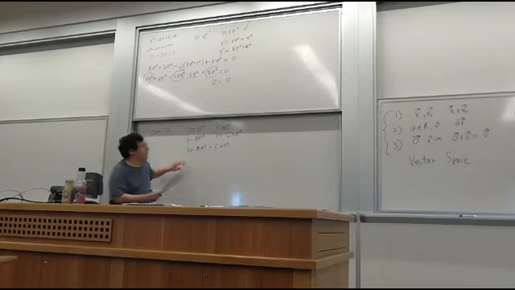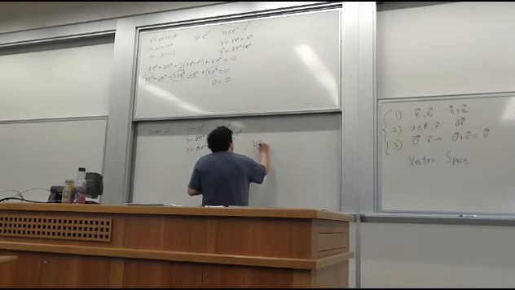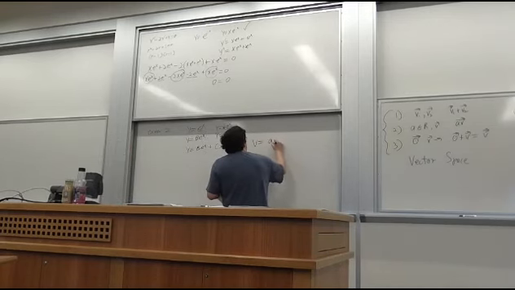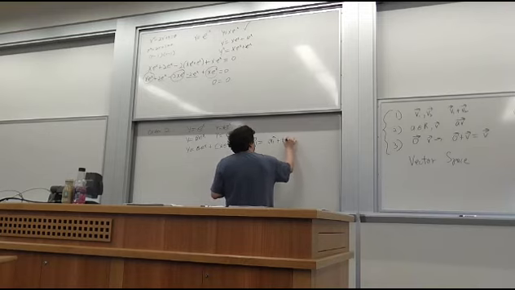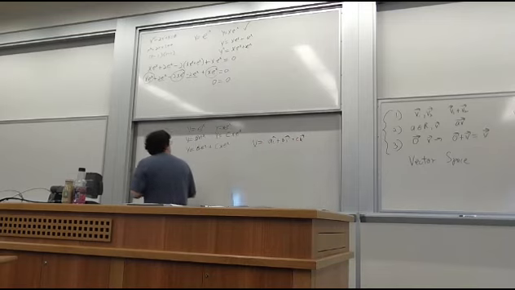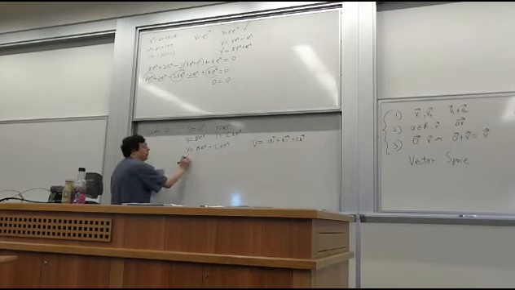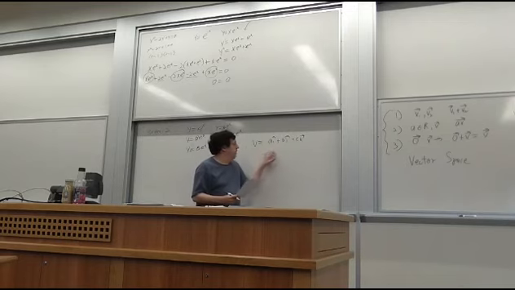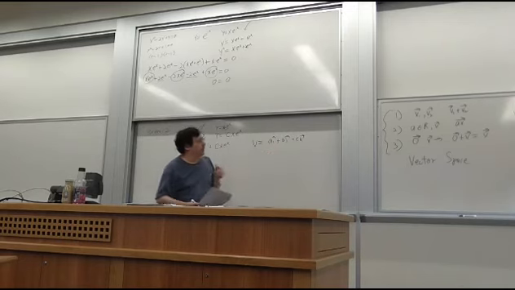I want this to remind you a little bit of the fact that a vector can be made up of this basis. A linear combination of these solutions is a solution. A linear combination of these vectors is a vector.